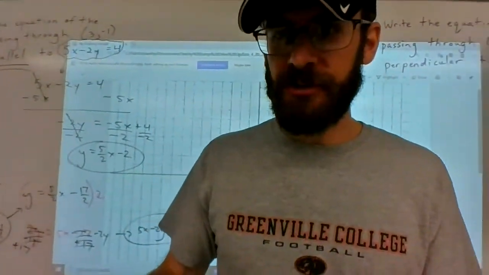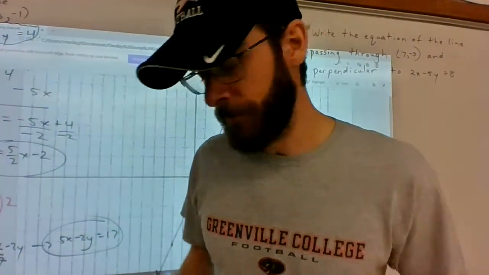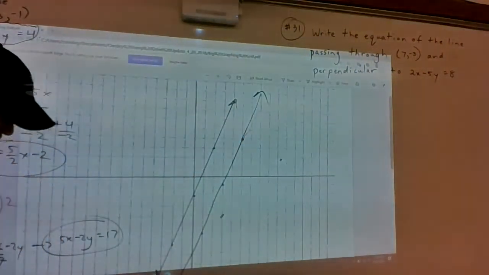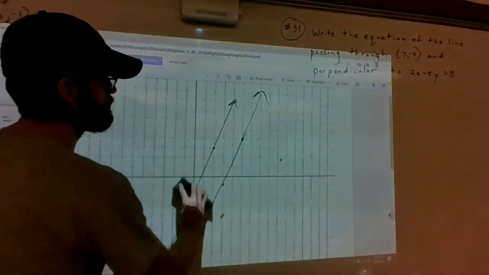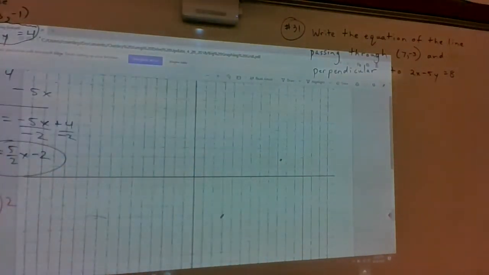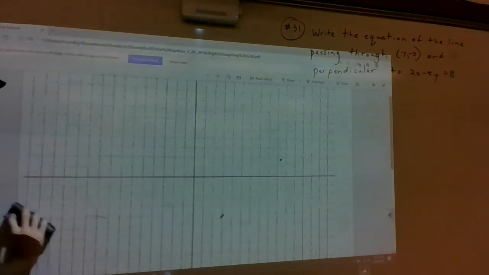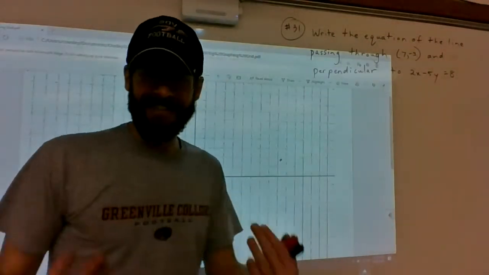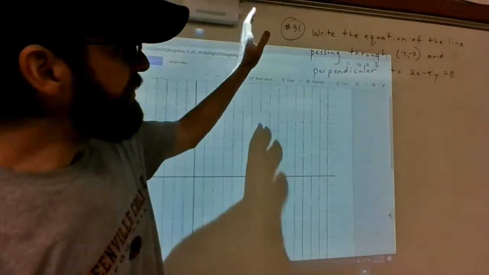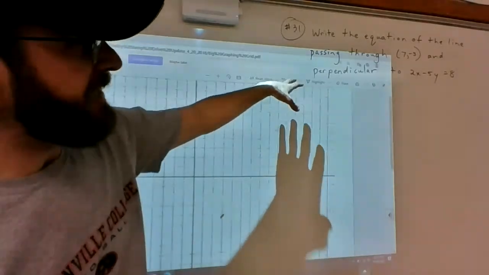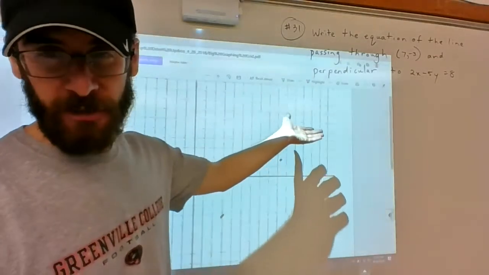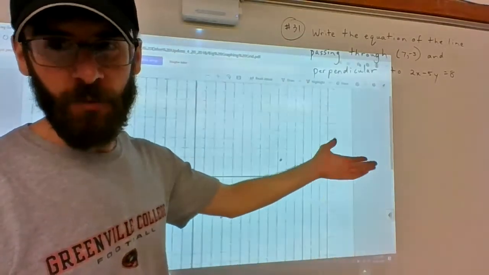Now, what happens when we start talking about perpendicular instead of parallel? Well, you should know another part to the whole slope debacle. Write the equation of the line passing through (7, -3) and perpendicular to 2x minus 5y equals 8.